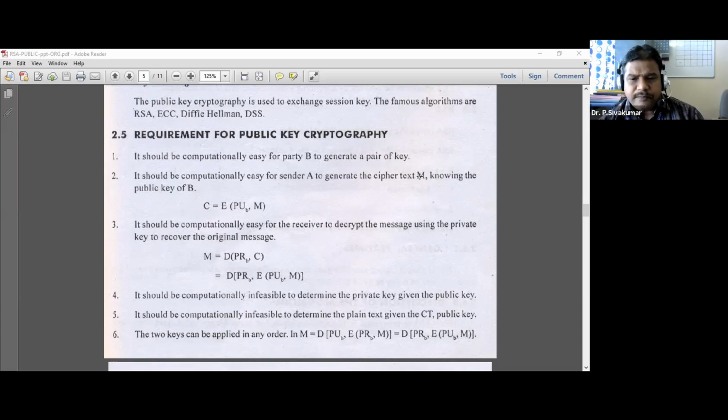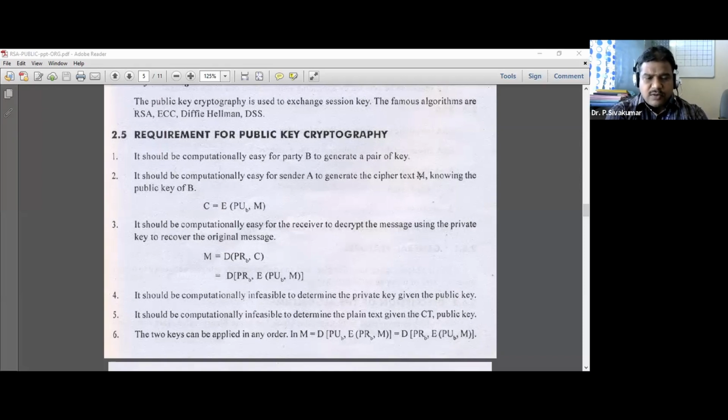If there are 10 users, all 10 users' public key information is available in the registry. You can get the public key, but it is computationally infeasible to determine the private key.